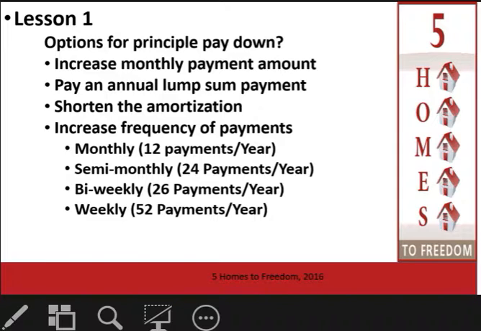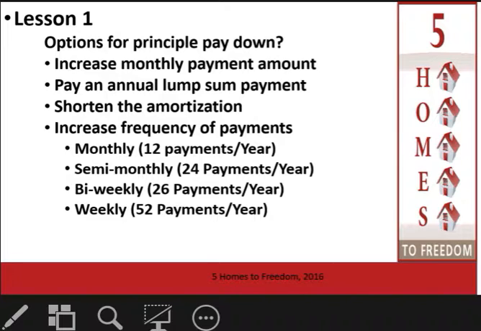It could be 10, 15, or 20%. They don't mind doing that because they know that the vast majority, like 99.9% of people with mortgages, will not increase their payments or add lump sum payments because people simply aren't good enough with their own personal cash in order to come up with that extra amount of money to pay down their debt. We'll take a look shortly here at what the effects of doing that is.